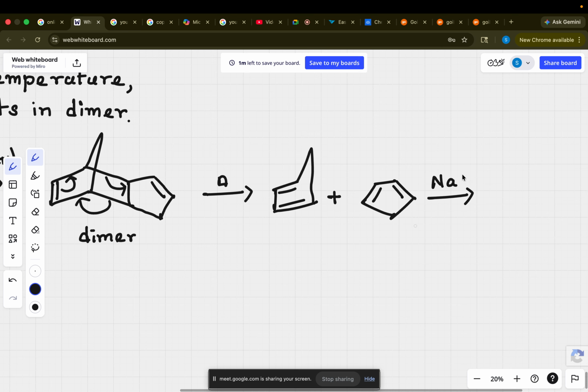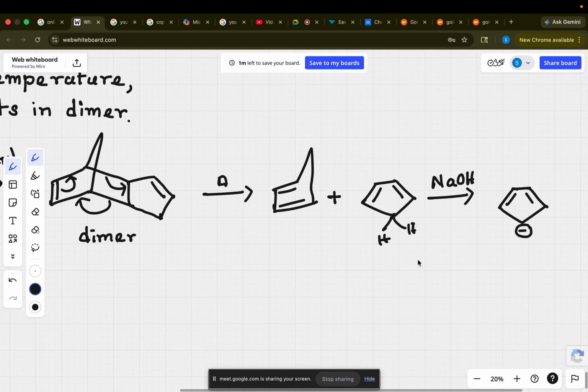Now if you treat this compound with NaOH, NaOH is a base, it will abstract the proton from here because these are the acidic protons. Once NaOH abstracts the proton, you are getting this. This is an aromatic system.